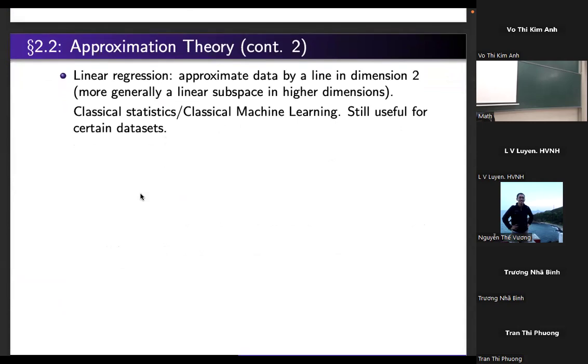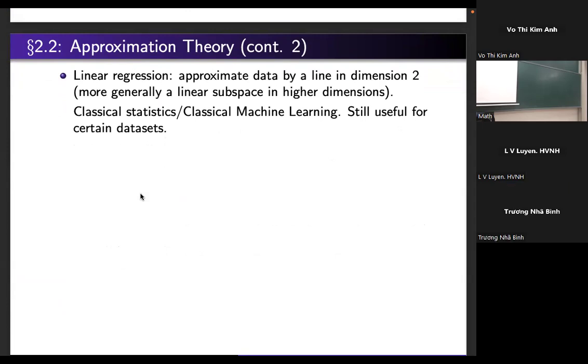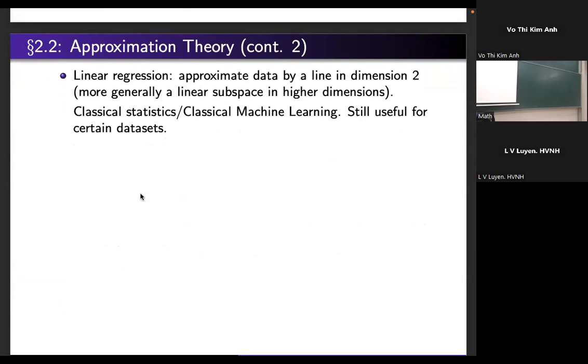Now let's come back to linear regression. You have data and you try to fit it to a line. This is classical machine learning, classical statistics. It's still useful for many data, but it's not useful in general, because for a problem like classifying an account or not an account, linear regression is not good enough.